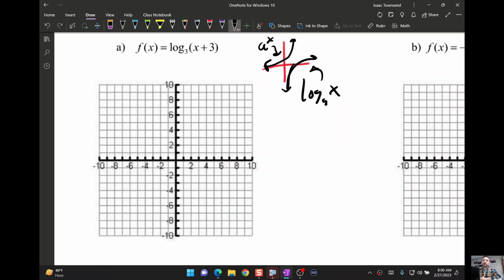So log base 3 of x. Again, what I could do is graph 3 to the x, switch the points around, xy becomes yx, and then we've got a pretty accurate log base 3 of x.